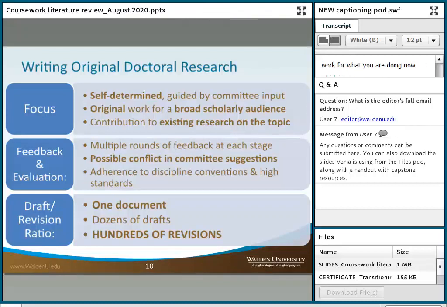So keep in mind, if you're told no, you can't do this or this isn't really fitting, it doesn't mean you can never do it. It's just something that doesn't work for what you're doing right now, which is completing this doctoral program. Once you've graduated, that opens the door for a lot more different kinds of research.